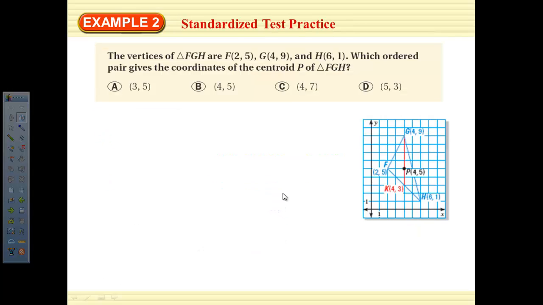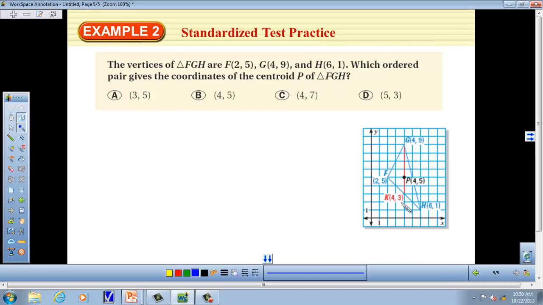Here's another problem, and they've kind of done some of the work for us, actually given us the answer, which is B. But we have 3 points, and we want to find the coordinates of the centroid. So we really only need to draw one median, and they chose to draw the median from G to the midpoint of FH, but you could have done the same for the midpoint of GH and F, or the midpoint of FG and H. So they chose this one.